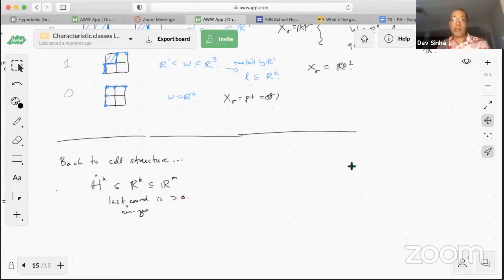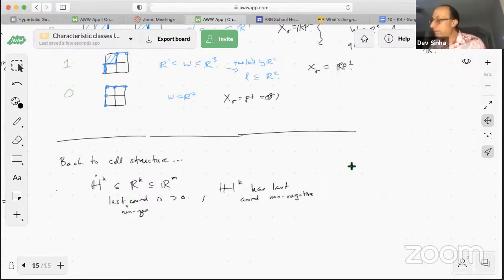Then HK has last coordinate non-negative, the closure of HK open.